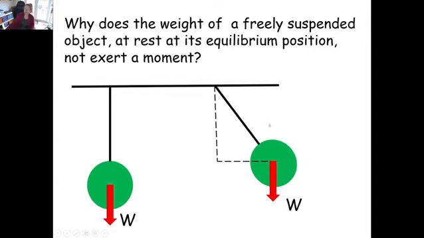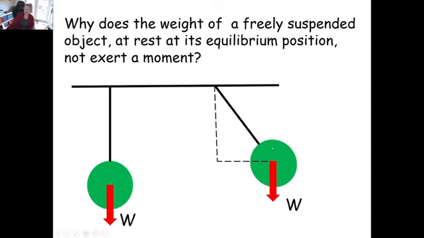Now, part of that tension, if you think about resolving that into a horizontal and a vertical component, the vertical component will be part of the weight that's acting straight down, and the horizontal component will be part of the weight that is pulling this object back to that central position. So we can see we're creating a moment here.